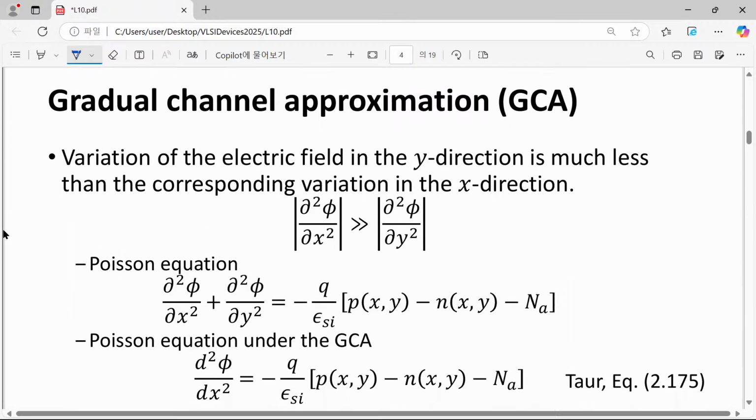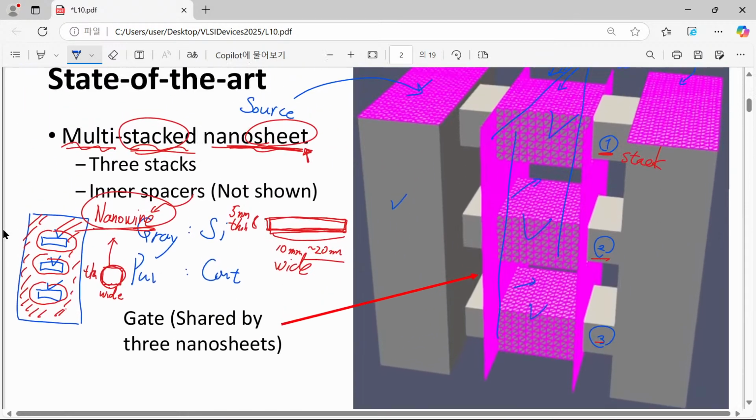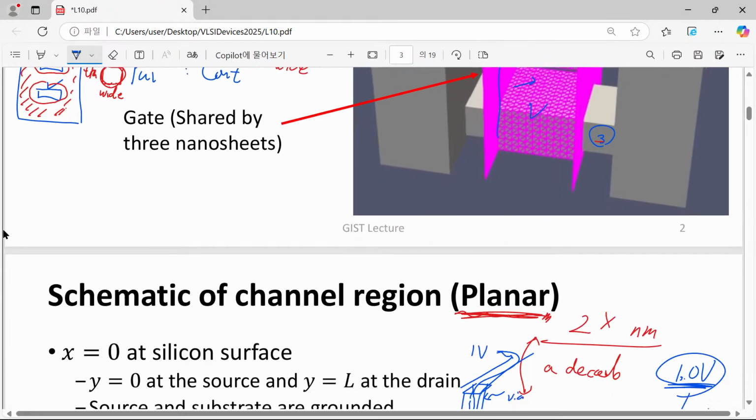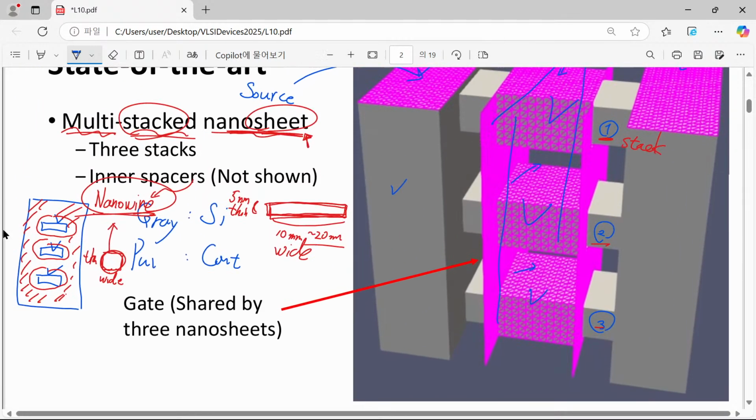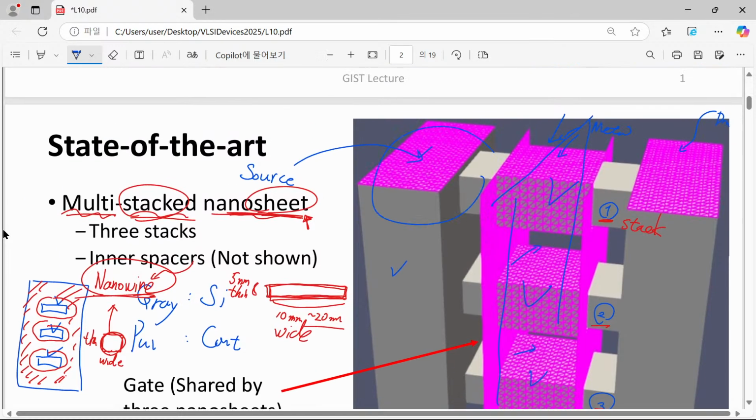Okay, so maybe you can think, is this enough to describe our complicated device structure? When you come back to the realistic structure and our simplified view, you can find that there are a lot of differences. For example, the entire parasitic source and parasitic drain parts are just gone away.